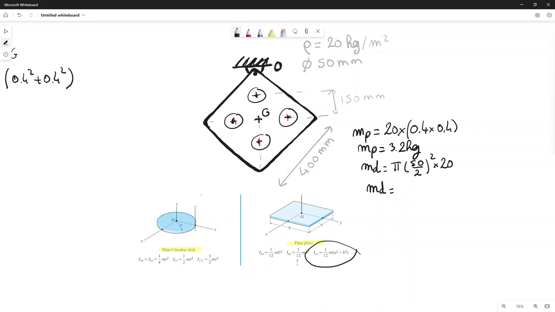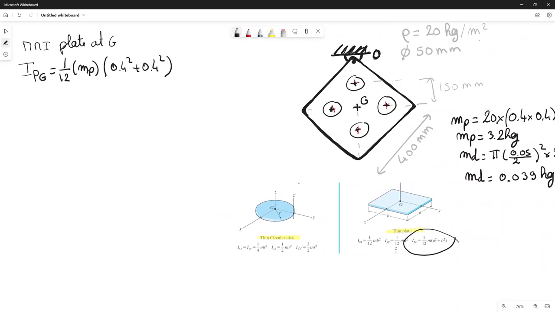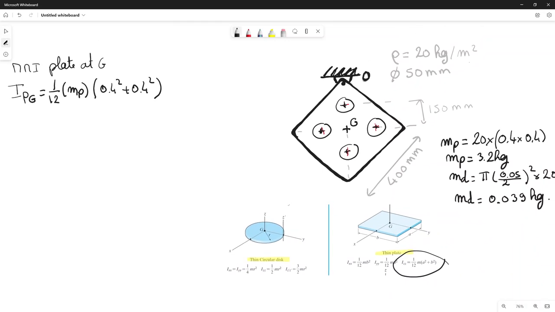That's not 50 divided by 2, that will be 0.05 divided by 2 squared times 20. So that gives me 0.039 kilograms.